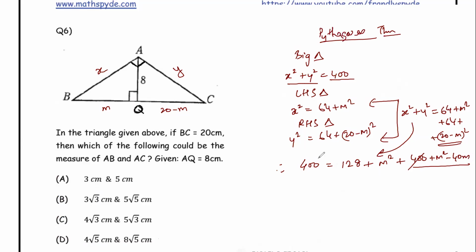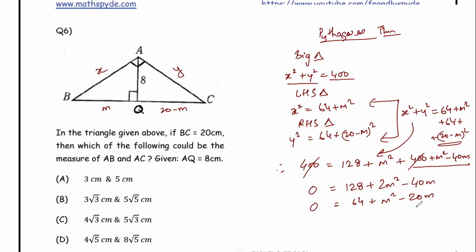So 400 and 400 cancel. So we get 0 is equal to 128 plus 2m square minus 40m. Sorry about my writing. We divide by 2 throughout. So 0 is equal to 64 plus m square minus 20m.